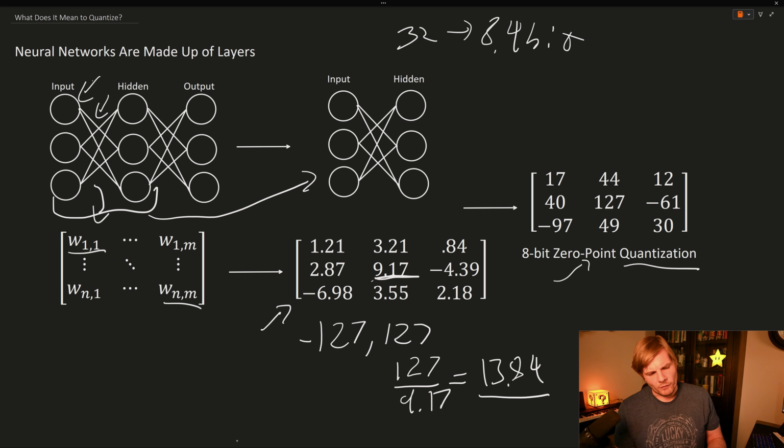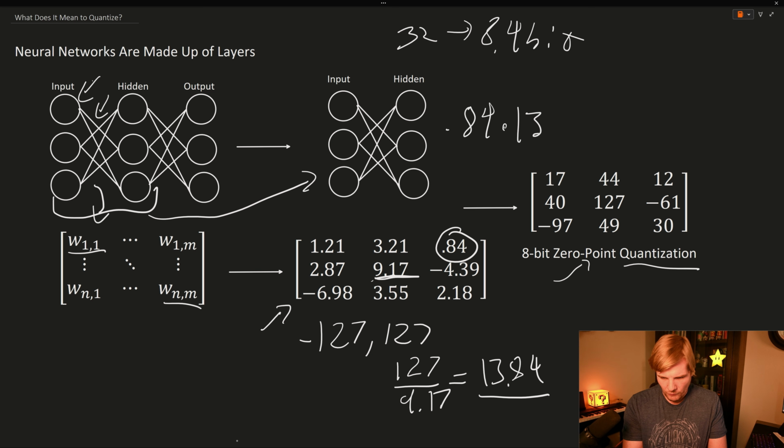We take the scaling factor and multiply every value in the matrix by it, and then round to the nearest integer. For example, if we take 0.84, we multiply this times our scaling factor of 13.84, and we get roughly 11.6, which rounds to 12.